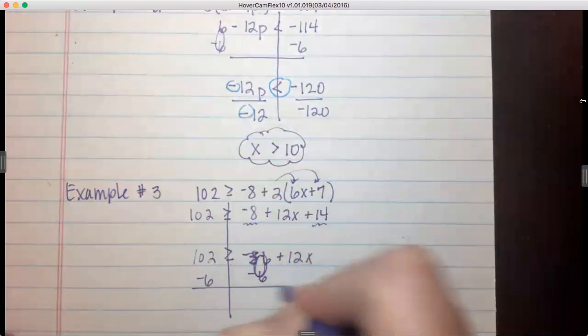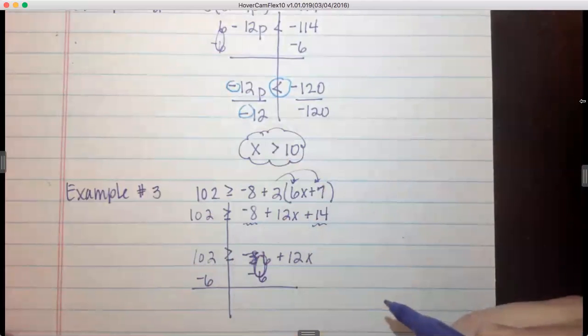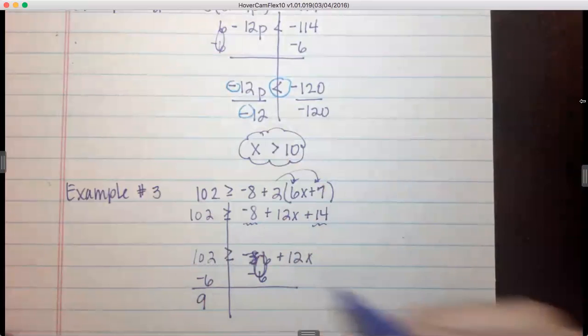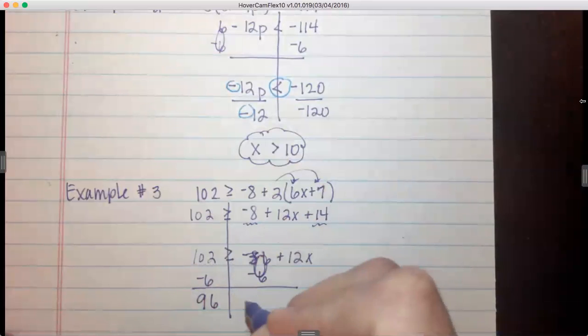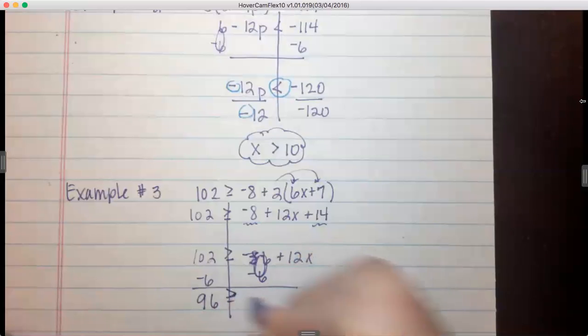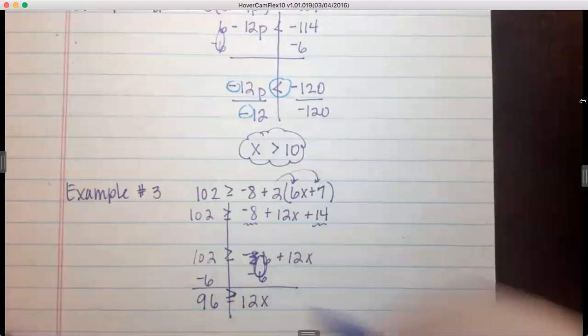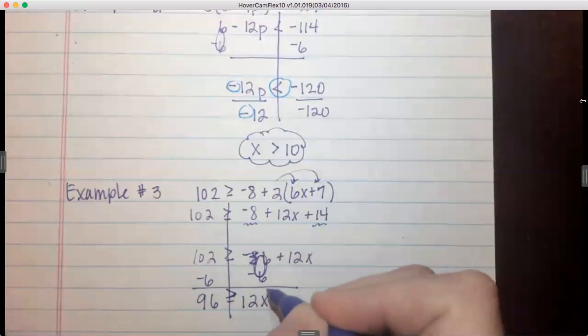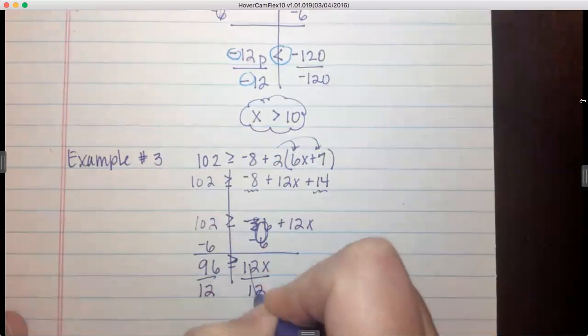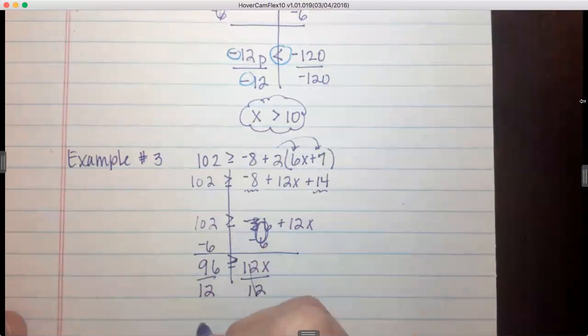That goes away. 102 minus 6 is 96. Is that right? Yeah, greater than or equal to 12x. And then we have to get rid of the coefficient, so we're going to divide by 12. And that means 8 is greater than or equal to x.